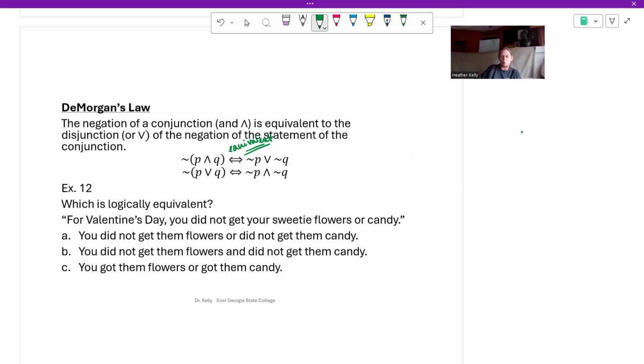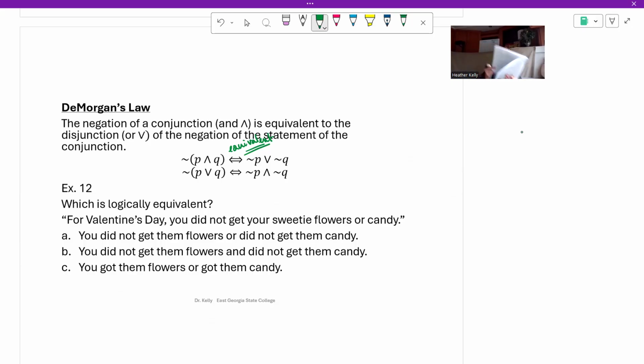So not (P and Q) is equivalent to not P or not Q. Notice that both of them got negated and the symbol flipped over. Not (P or Q) is equal to not P and not Q.